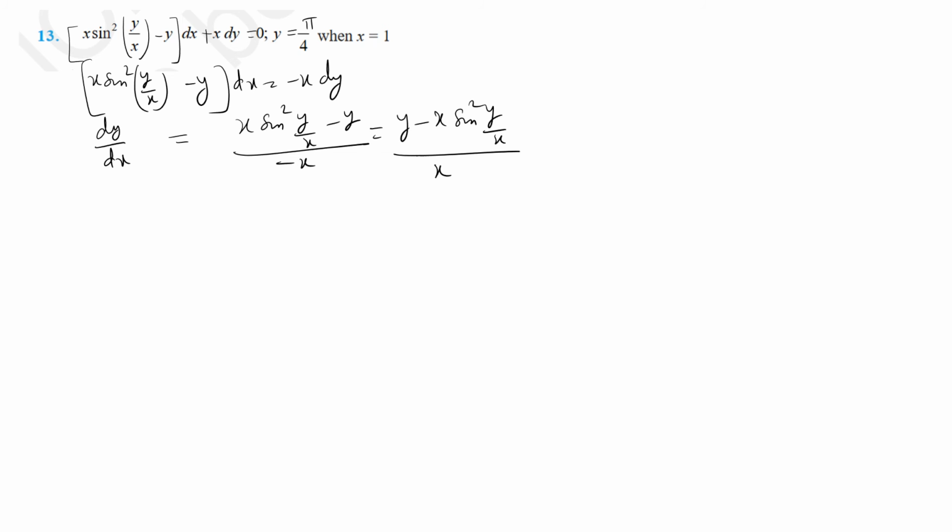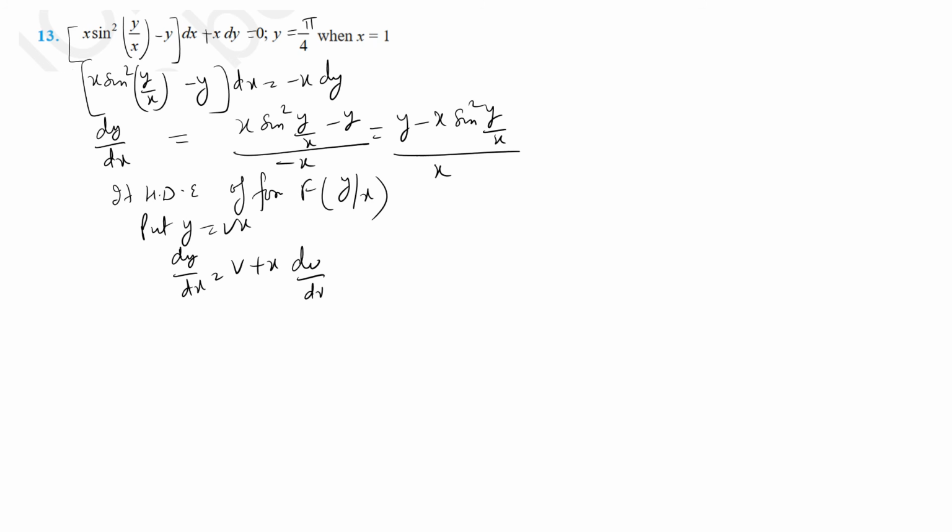So it is a homogeneous differential equation of the form f of y upon x. So what do we put? We put y is equal to vx. So dy by dx is equal to v plus x dv by dx. So this implies v plus x dv by dx is equal to vx minus x sine square v upon x.